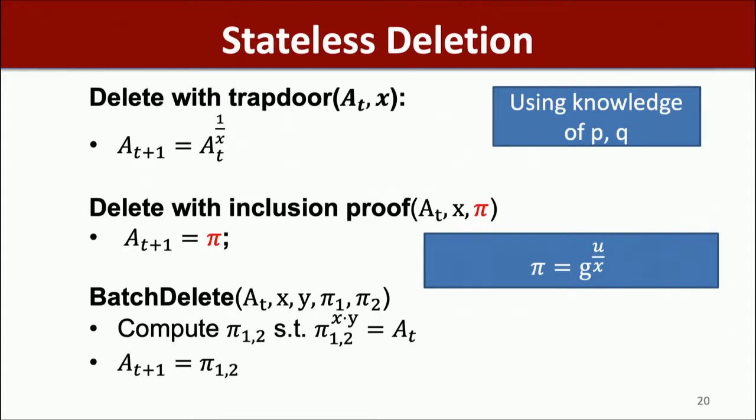So again, this operation that we already wanted to do, which is to batch these inclusion proofs, helps us delete elements from the accumulator without knowing, and this is what I mean by stateless, what is in the accumulator, or what else other than the elements that are deleted is in the accumulator. It doesn't matter if there's a billion things in the accumulator, I don't need to store it, I can now delete, and I've previously shown you how to add things to the accumulator. So no state, no trapdoor, and no synchrony.